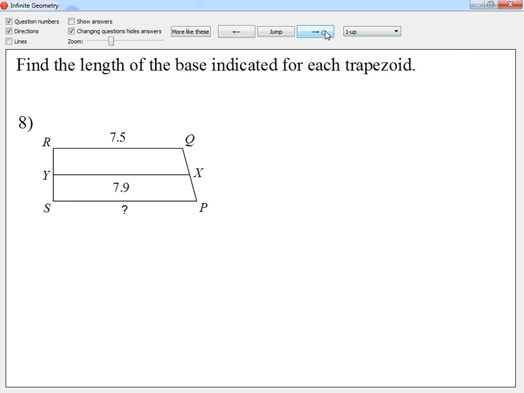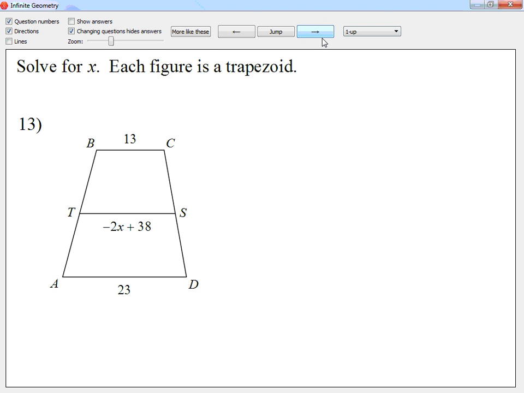Right, so now let me take a look at number 13. It's a little more complicated. It's not just the X by itself. It's the X with some numbers in there. So the way we're going to solve for X, I'm going to have negative 2X plus 38, which is what I know for the median.